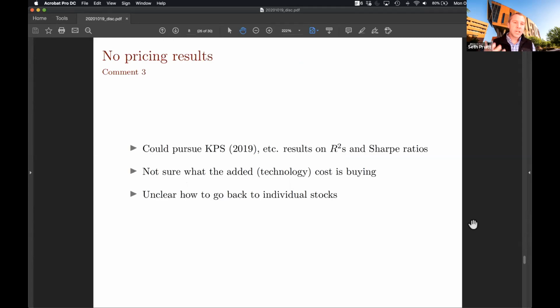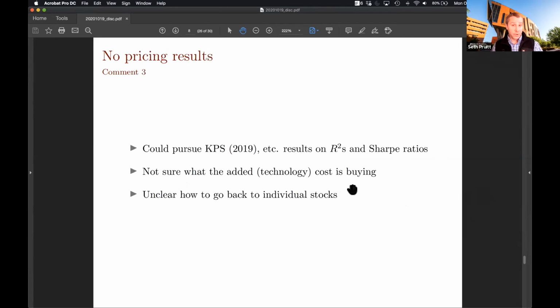And so I would just suggest that they pursue pricing results. We are interested beyond the dimensionality of the factor space. We'd like to know about pricing assets. So you could think about pursuing results just on R-squareds, which are still statistical objects, but also Sharpe ratios. This is going to help us clarify what exactly this added technology is buying. There's a lot of added technology in this procedure.